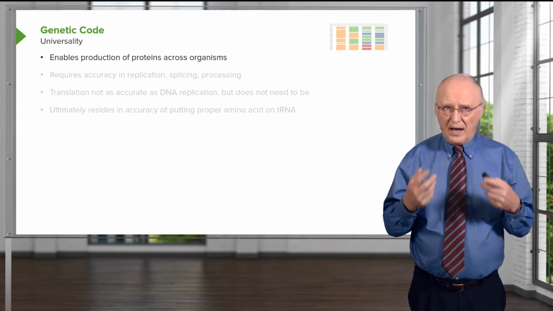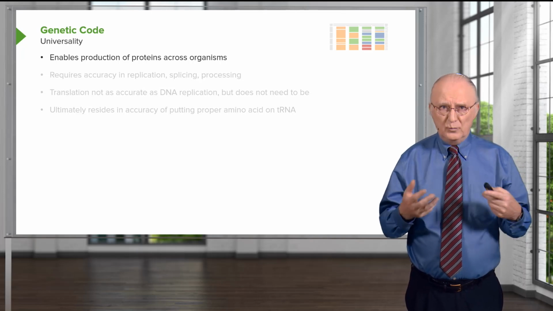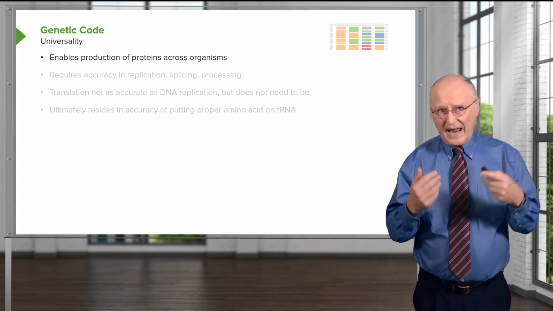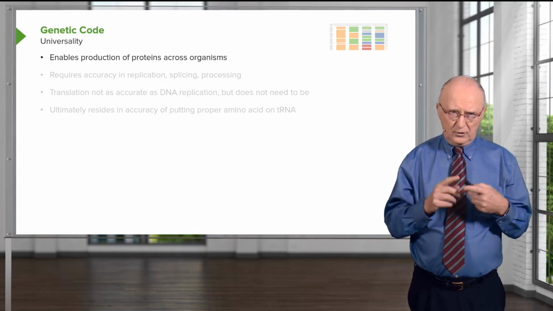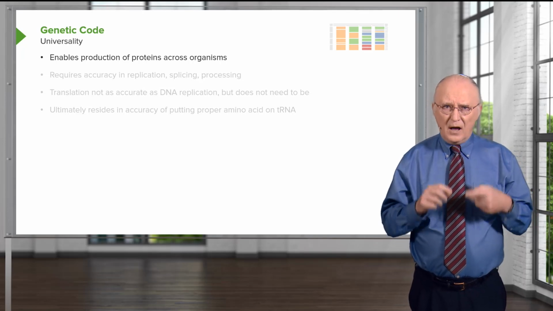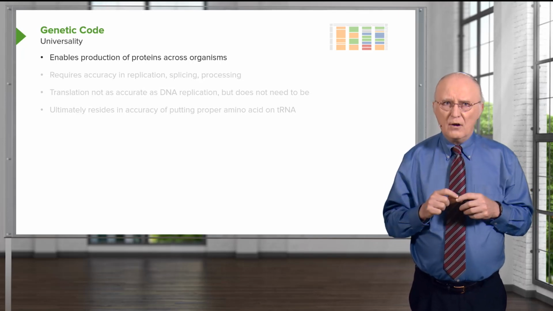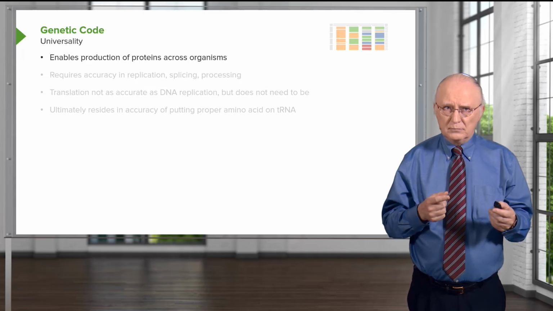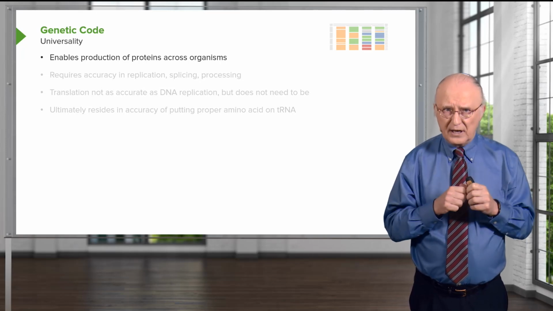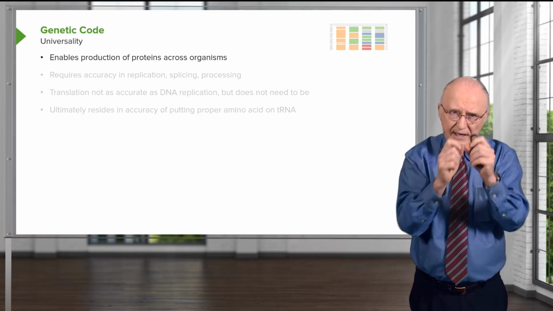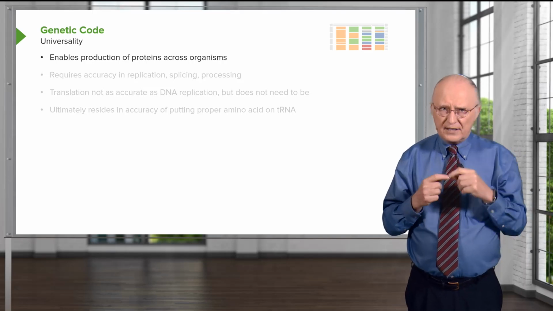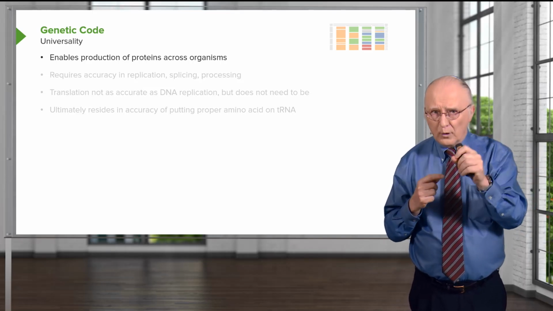So, for example, if I were interested in producing, let's say, human growth hormone, and I wanted to take a bacterial cell and have that bacterial cell make that human growth hormone, I could actually do it surprisingly easily. I could take the coding sequence for the human growth hormone and remove all the introns and all the things that would happen to it in a eukaryotic cell, so that I have the spliced version of that gene, and put that gene into a bacterial cell under the control of a promoter.